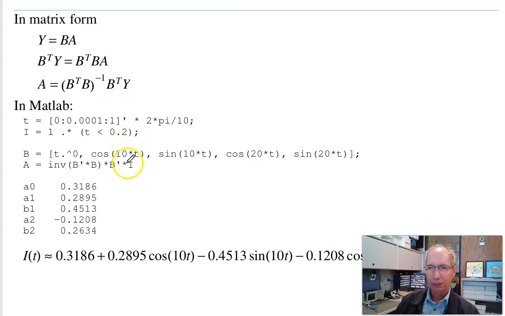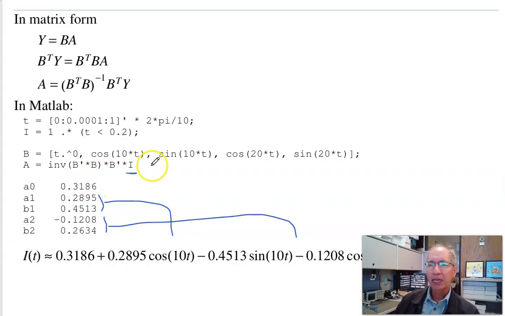Here, let's see, y is actually my current. That would say that the current has a DC term, sine and cosine for the first harmonic, sine and cosine for the second harmonic.